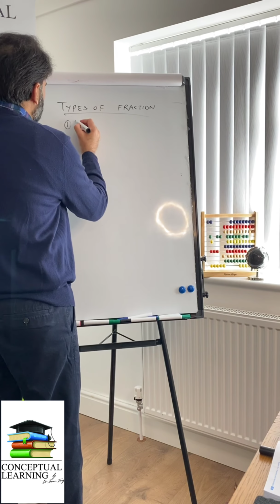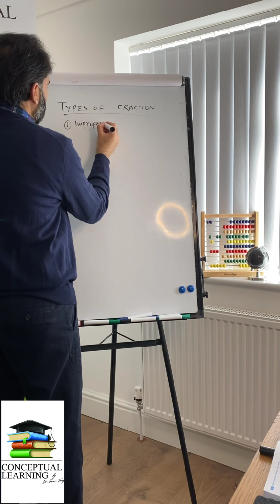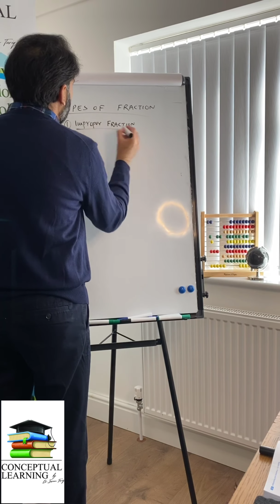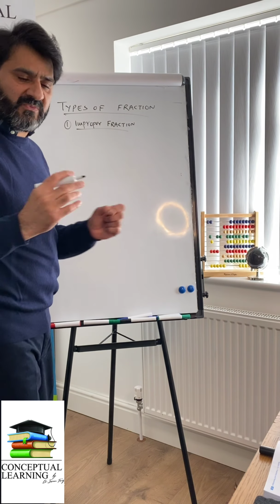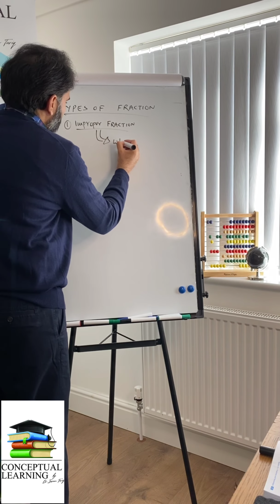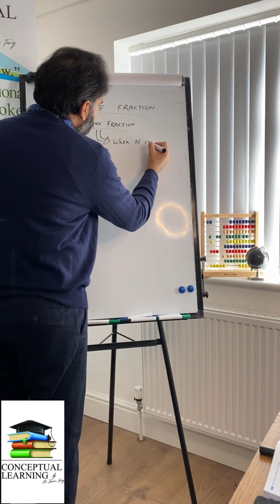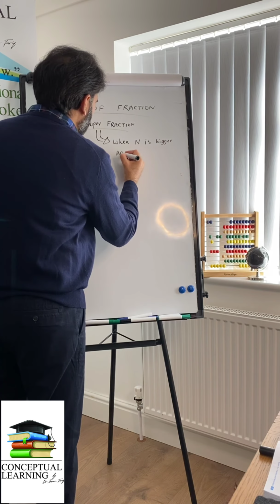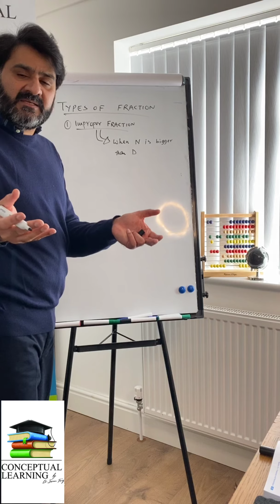Now, we go into how we can represent proper fractions, improper fractions, and mixed fractions. I write here the first word, improper fractions. Now, I have to prove this mathematically. An improper fraction is when the numerator n is bigger than d. We already know n is the numerator and d is the denominator.